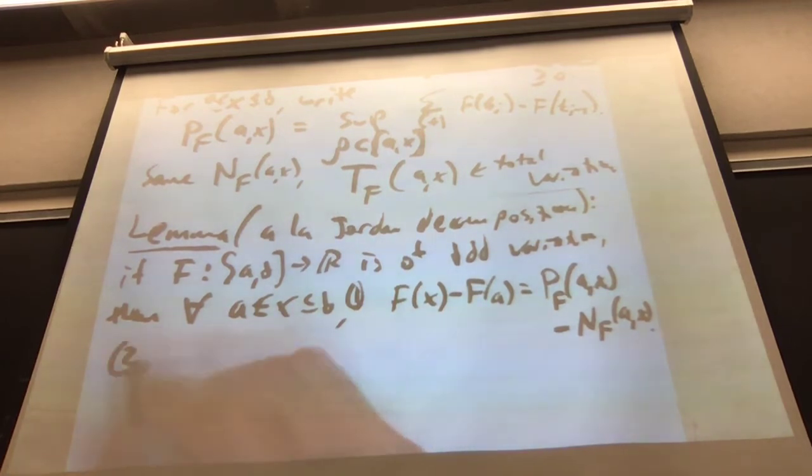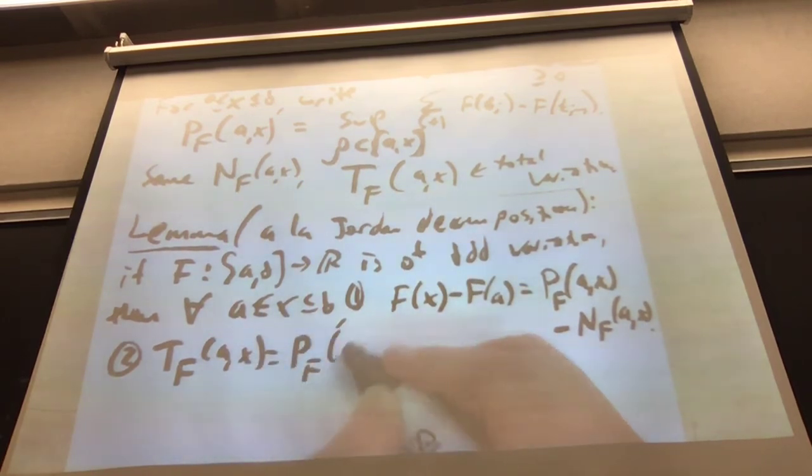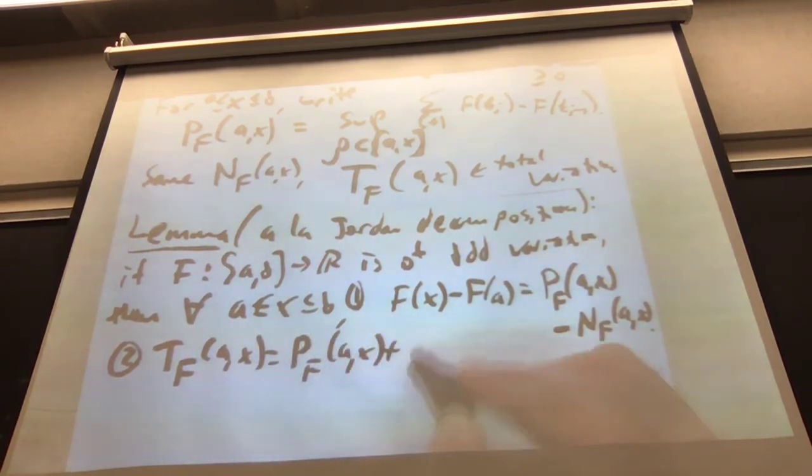And second of all, the total variation from a to x is the positive variation plus the negative variation.